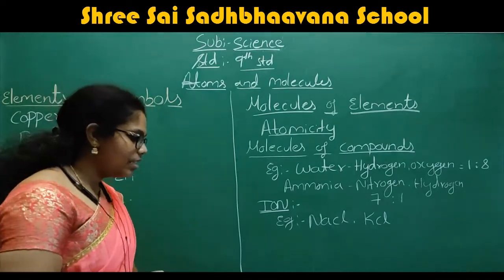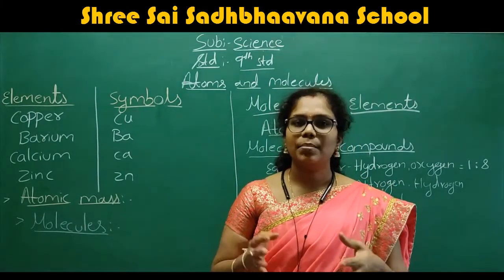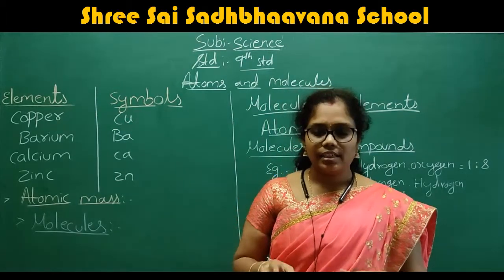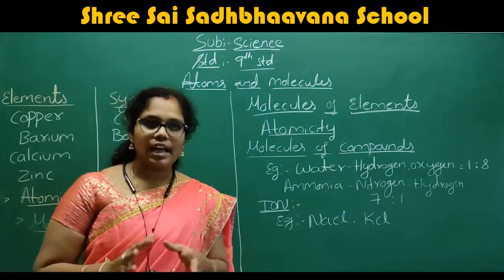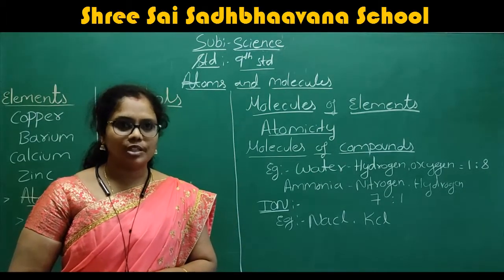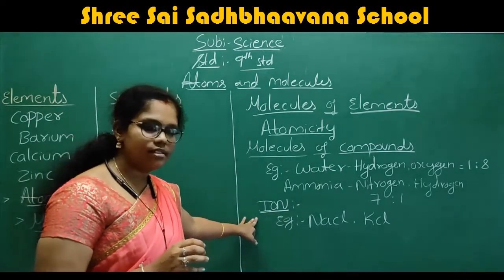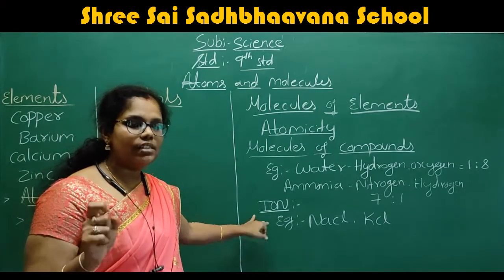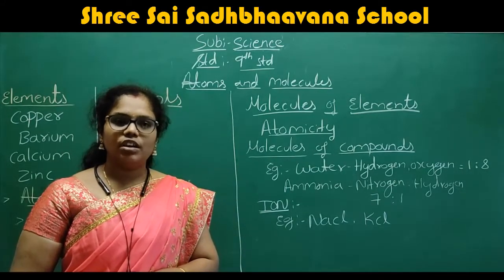Consider that metals and non-metals combine with each other to form charged species. That charged species we call ions.